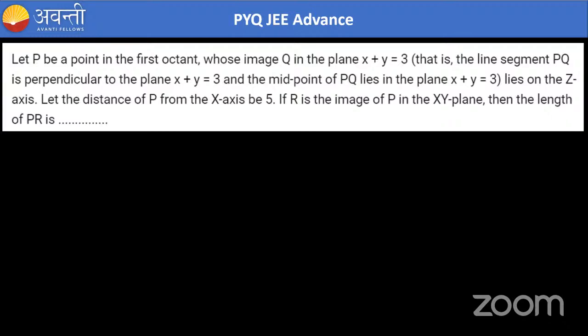So here I am saying P is the point in the first octant. I am saying let P be alpha, comma, beta, comma, gamma, right? And R is the image of P in the xy plane, right?